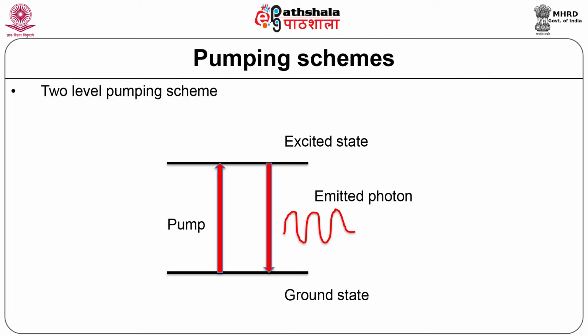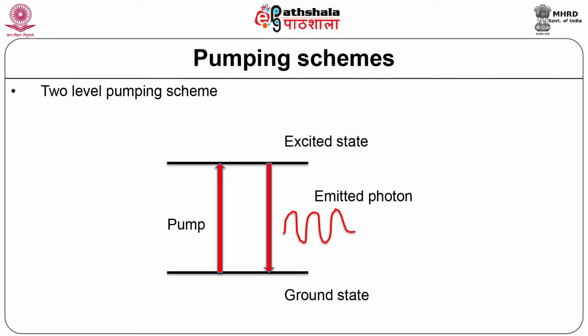In the 2-level pumping scheme, it is difficult to attain population inversion. This is because of 2 reasons. Firstly, if the excited level is to be a metastable level for population inversion, then it will be less probable and hence a narrow bandwidth is there.